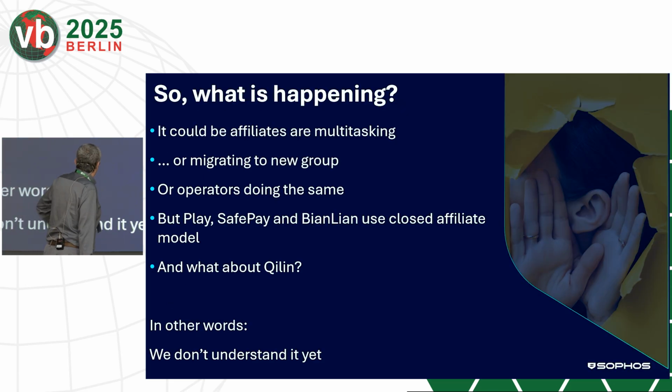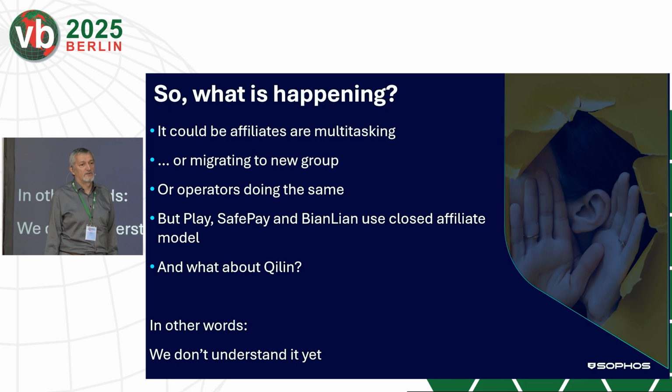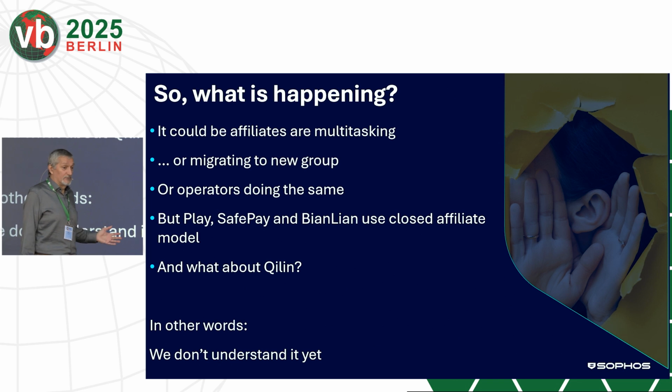So the conclusion of this presentation is there is a definite tooling and knowledge overlap between the ransomware operations. It could be affiliates are multitasking or migrating to new groups, or operators are doing that, or entire operations are doing that. There are a bit of disturbing pieces.